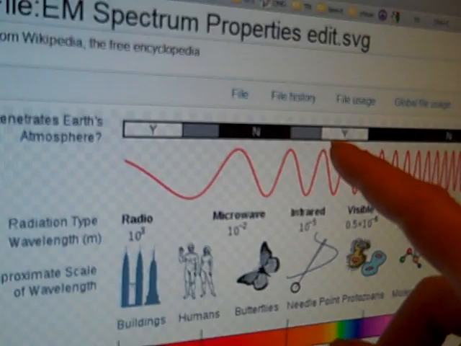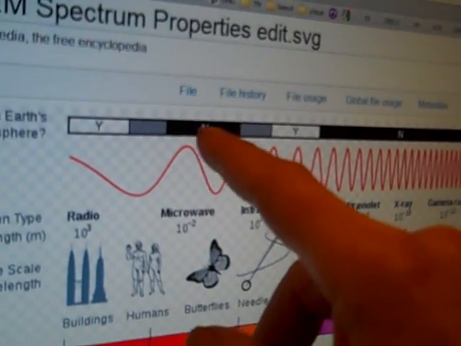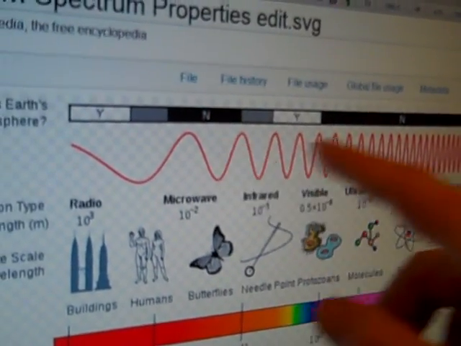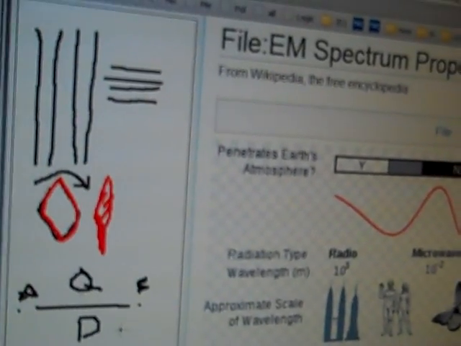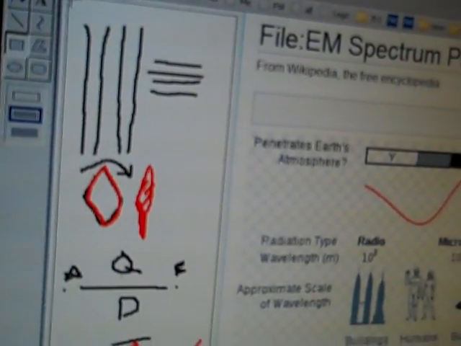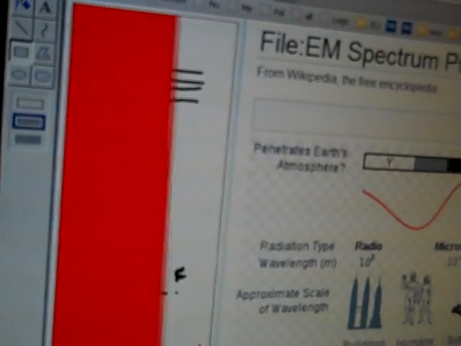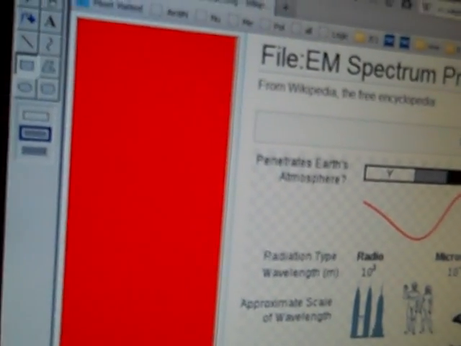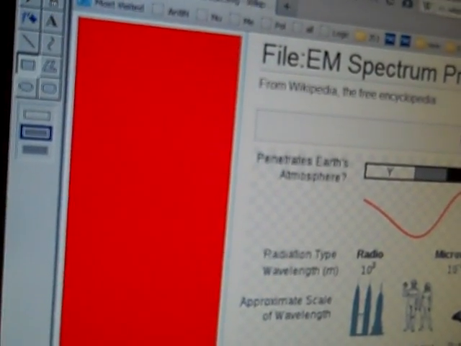It doesn't say here whether the blocked part gets absorbed by the atmosphere or reflected by it. That brings up a whole bunch more questions, because you have to wonder, when they say blocked or absorbed, what exactly is that? That's not exactly a good color.